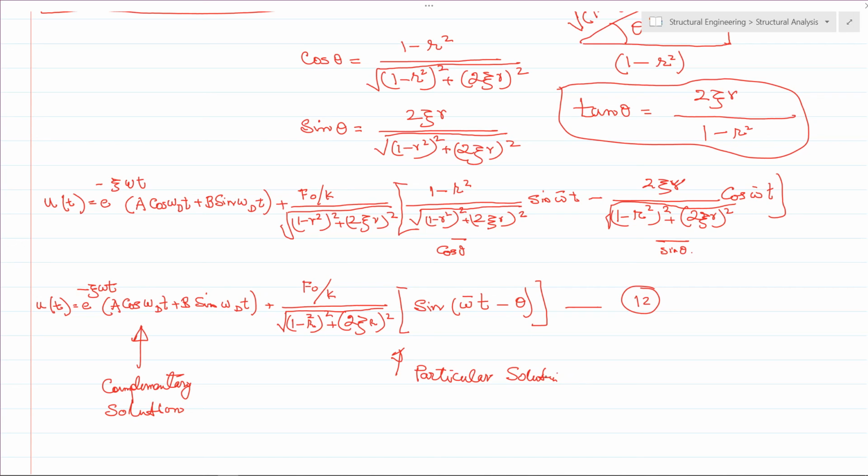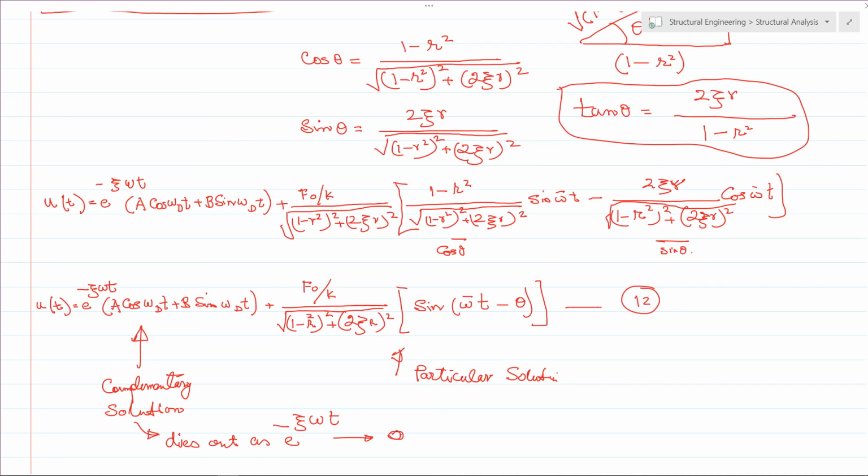It dies out as e raised to the power minus xi omega t becomes almost equal to 0. So eventually this complementary solution will vanish.